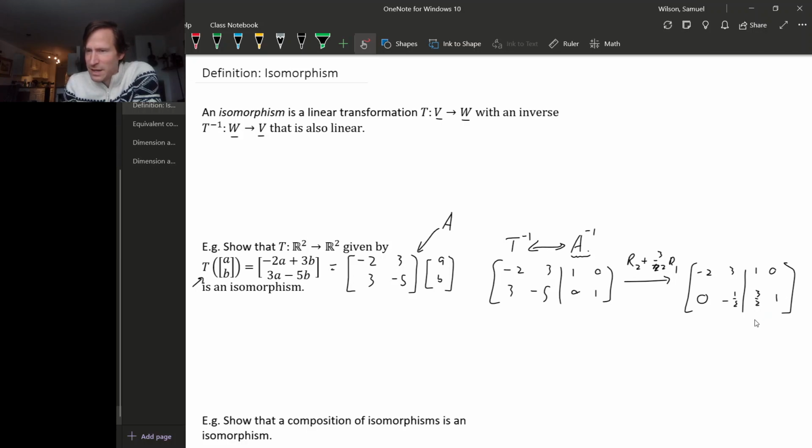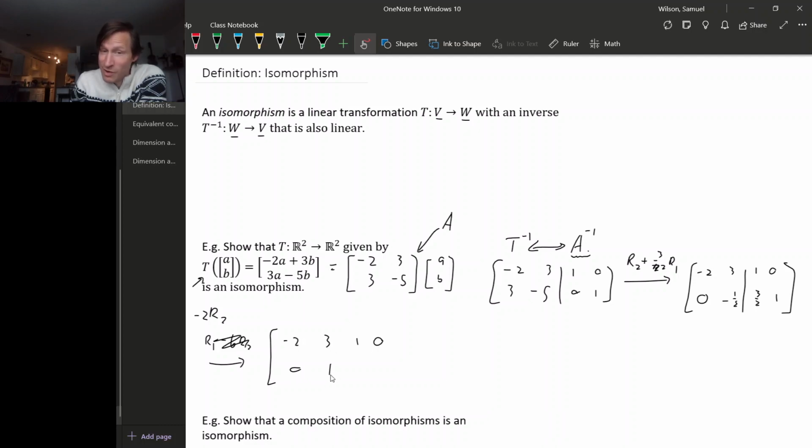Now we need to do row 1 minus 6 times row 2. Actually, at first, why don't we just multiply row 2 by minus 2. That'll be easier. So minus 2, 3, 1, 0, 0, 1, minus 3, minus 2. Okay, hope I did that right.